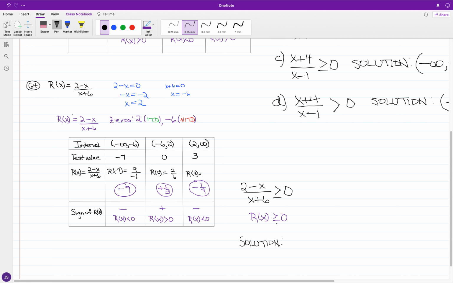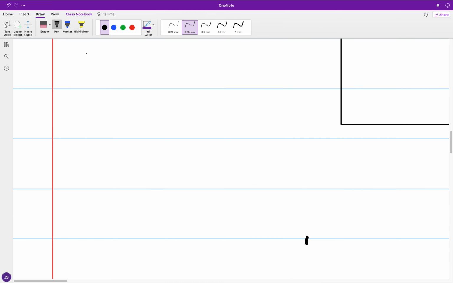We're looking at the direction to be the same as where r of x is greater than 0. So looking at this middle column going up, we have our limit values to be at negative 6 and 2.